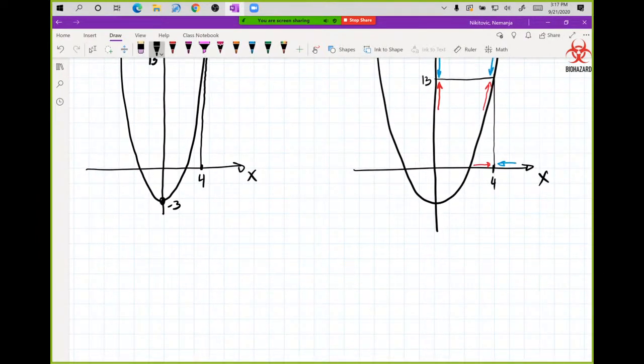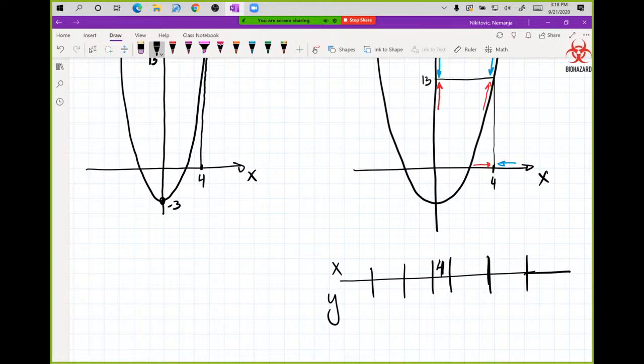So let's pick our values. I'm going to make the chart. I'm going to put my x values here. That's the 4 that we are going towards, and the y value here, and let's pick some numbers. So the chart is set up, and now I want to pick, from the red approach, numbers that are smaller than 4, but they go towards 4.